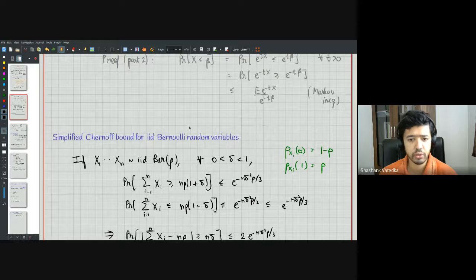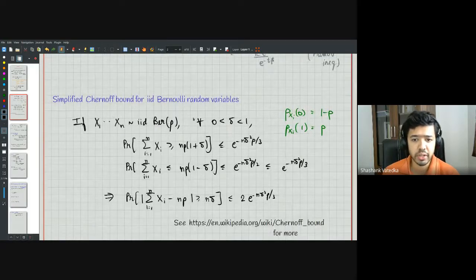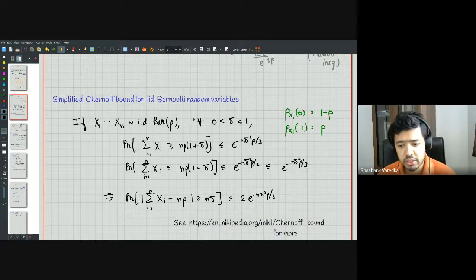In particular, if you have IID Bernoulli random variables, then using a number of simplifications, we've also seen some of these calculations in our information theory course, where I believe it was an assignment problem.